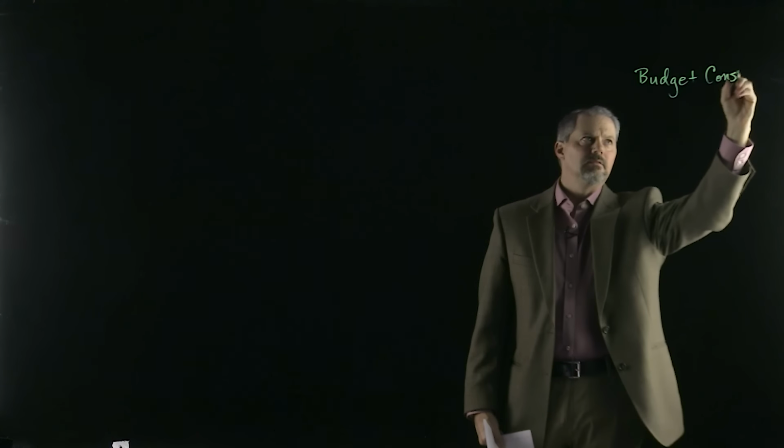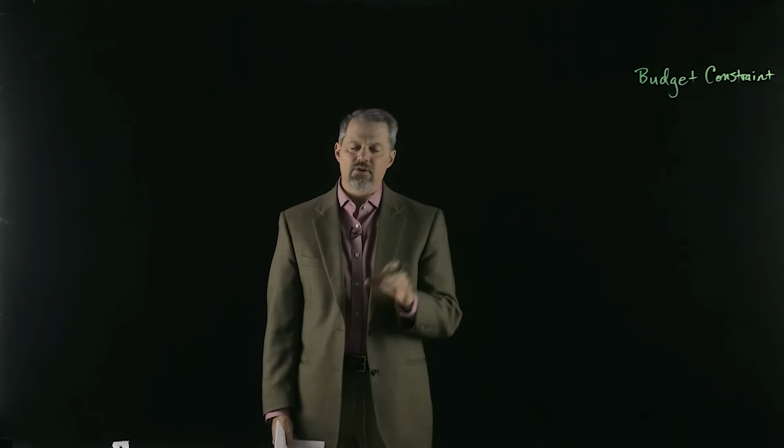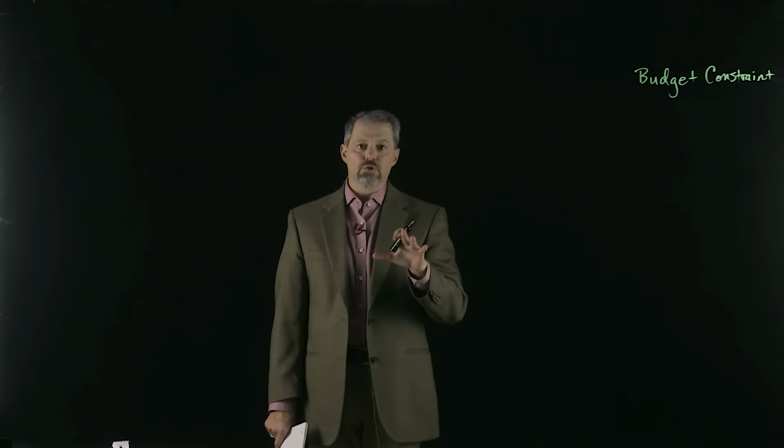So we're going to be thinking first about what we're going to call a budget constraint. Budget constraint. So you are constrained by the income that you've got, by whatever your budget is. So the goods and services that you can purchase are the set of goods and services that you can afford.